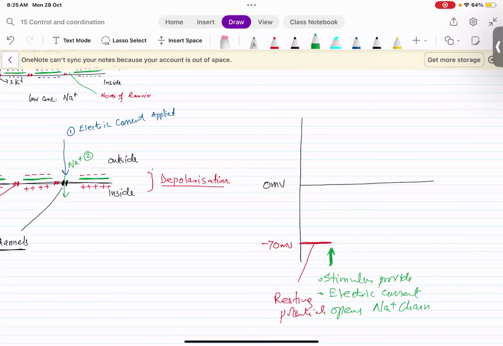If sodium channels open, sodium diffuses in, and as more and more sodium diffuses in, the potential difference becomes less positive on the outside and more positive on the inside. The graph rises, first turning 0 millivolts and then keeps moving up to plus 40 millivolts. So sodium channels are open here.